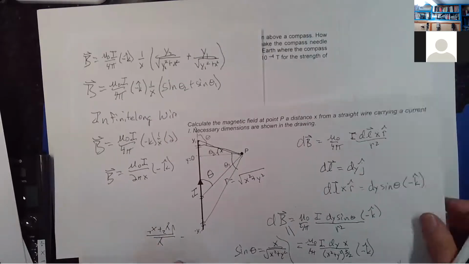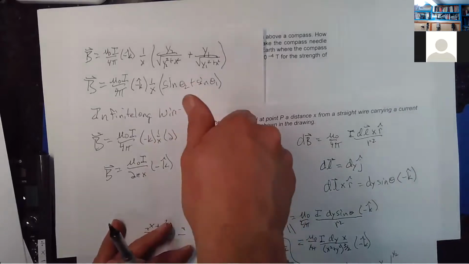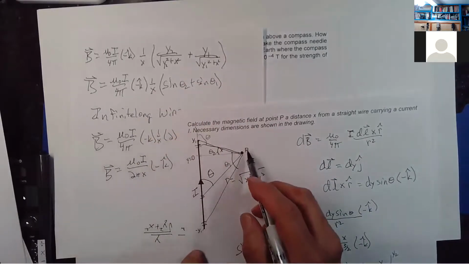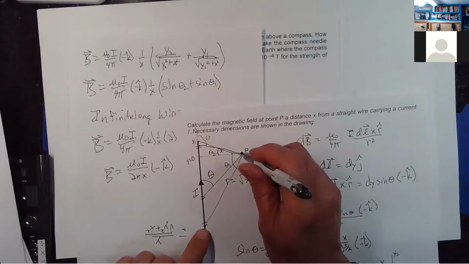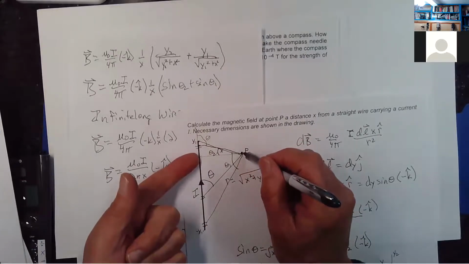Okay, so the magnetic field out here, due to this wire, is going to point into the page for an infinitely long wire.